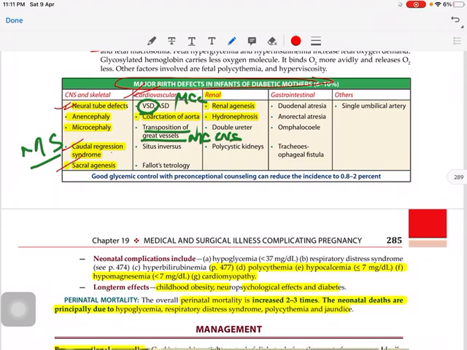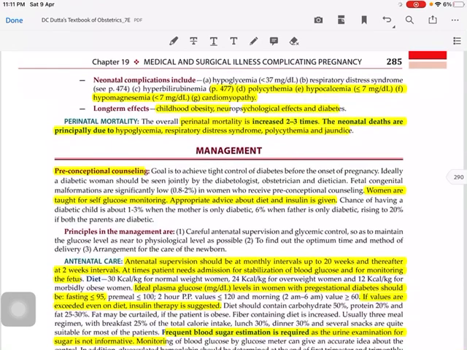That is caudal regression syndrome and sacral agenesis. VSD is the most common cardiovascular anomaly. Transposition of great vessels is also a common anomaly, and we can also have HOCM, hypertrophic cardiomyopathy. We can have renal agenesis, hydronephrosis. We can have single umbilical artery as well.